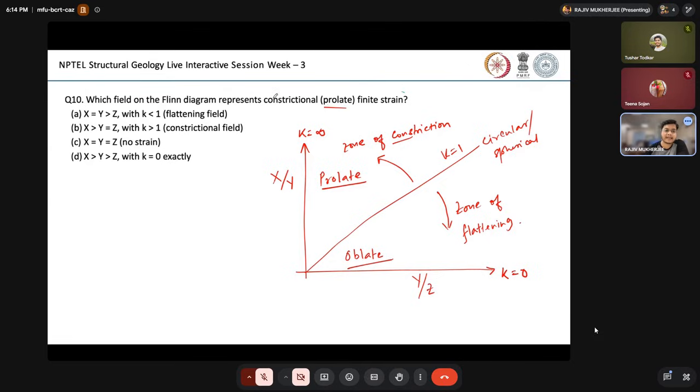Of course, when k is greater than 1. So option B will be the correct answer, where x is greater than y, which is essentially equal to z. Okay, so then let us move on to the next question. Question number 11.